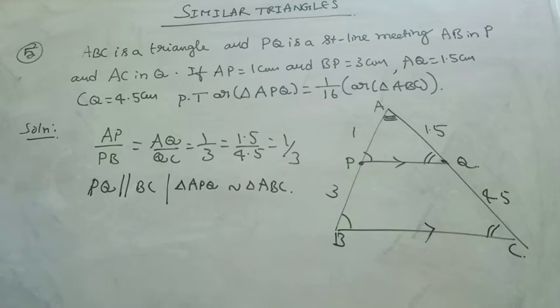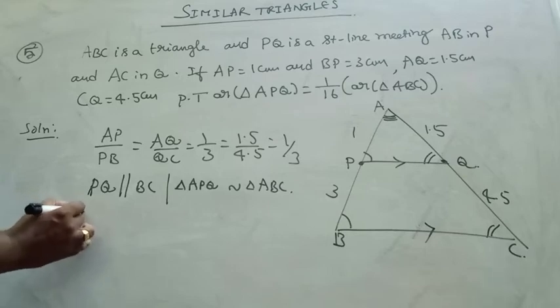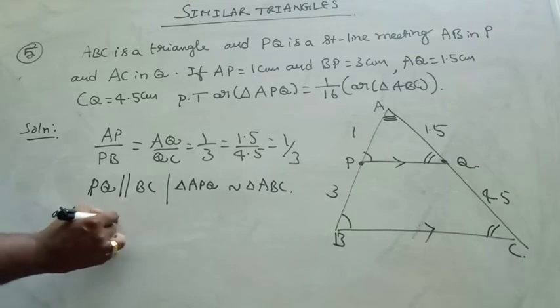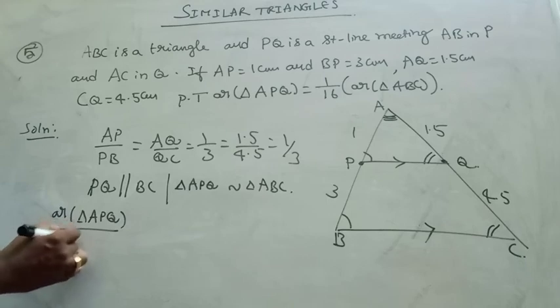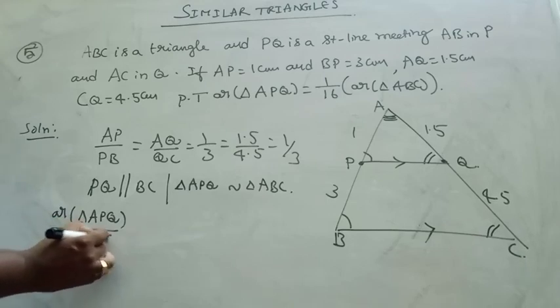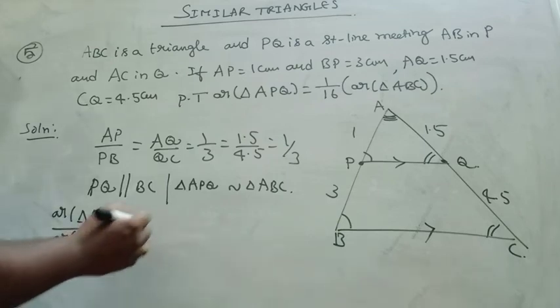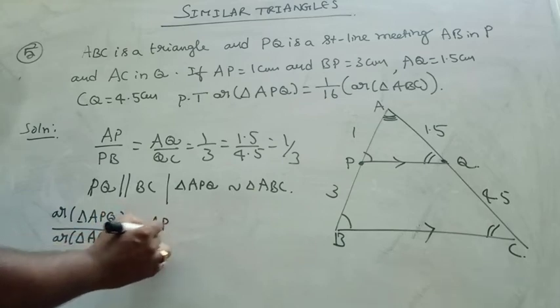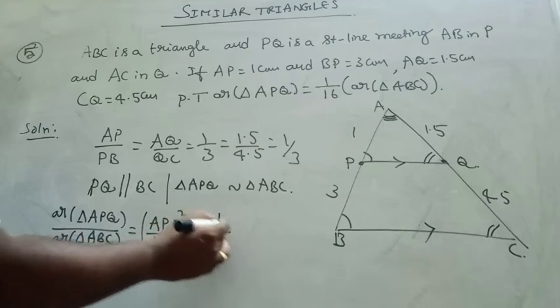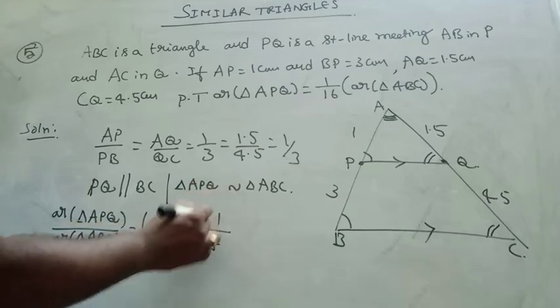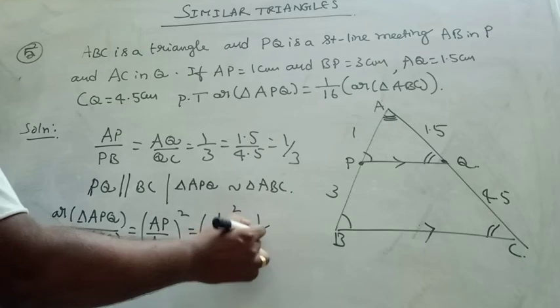Once triangle APQ is similar to triangle ABC, my dear students, we know that once they are similar, area of triangle APQ divided by area of triangle ABC is equal to squares of their corresponding sides, that is nothing but AP by AB whole square. Now AP is 1, AB is 1 plus 3, that is 4. 1 by 4 whole square, that is now 1 by 16.